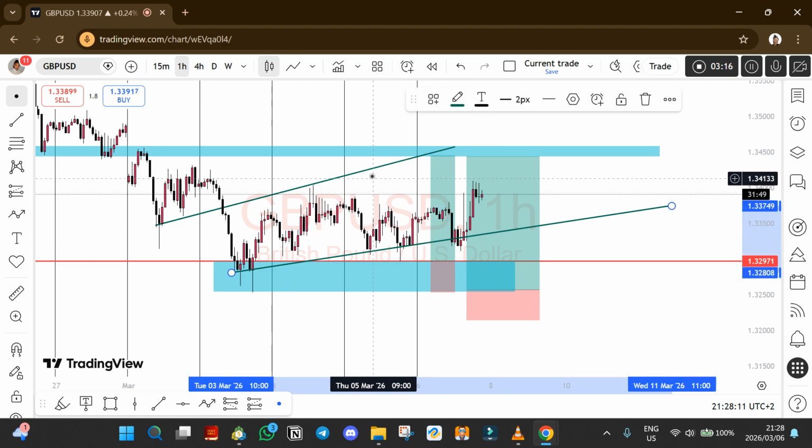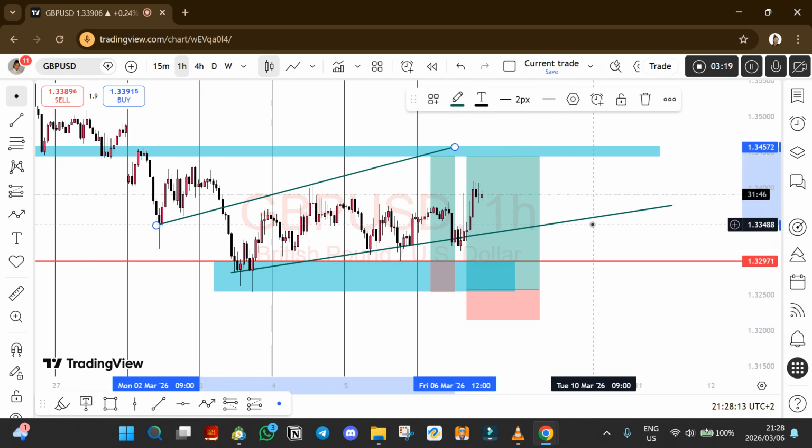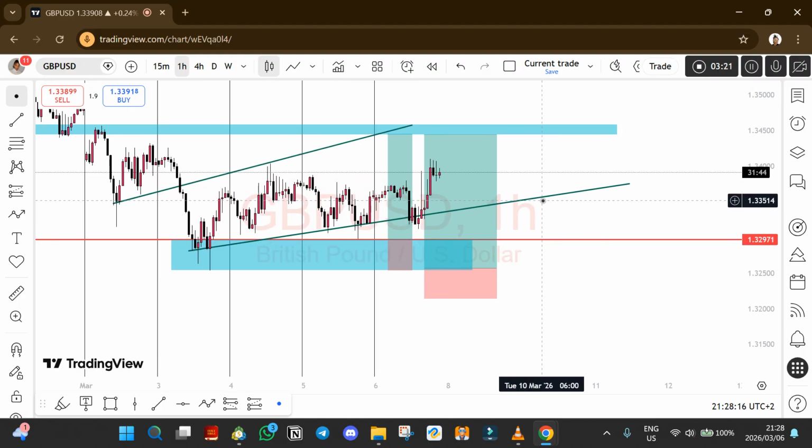That's why we see these two channels going up, these black diagonal lines going up.